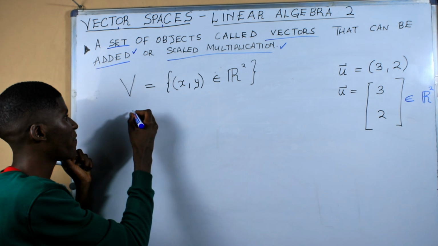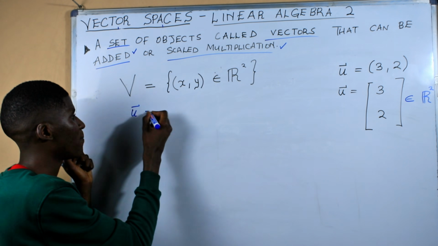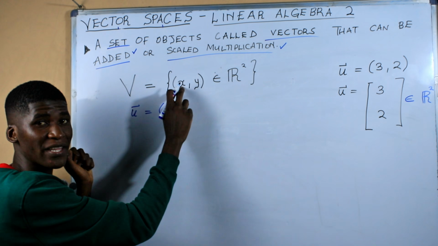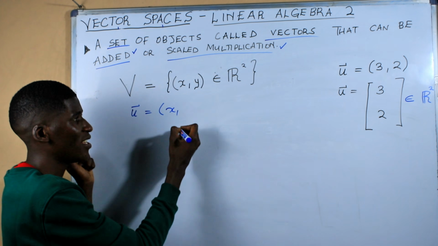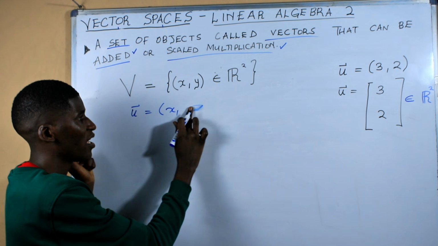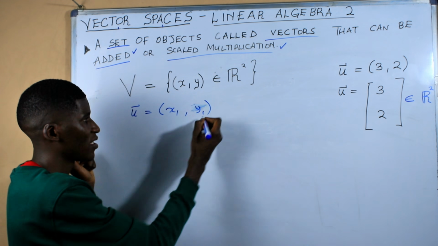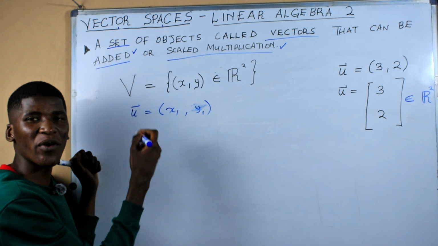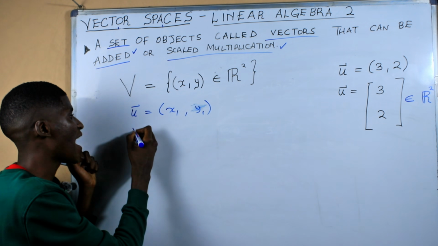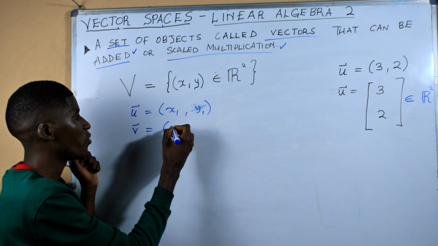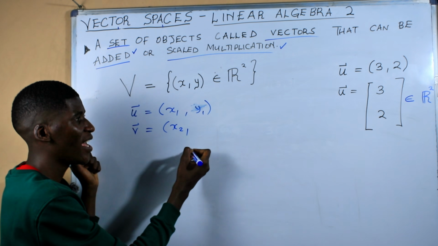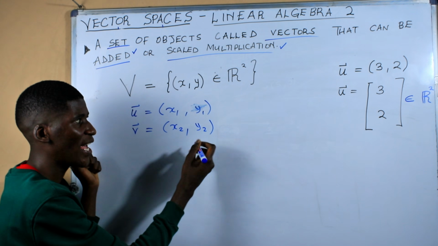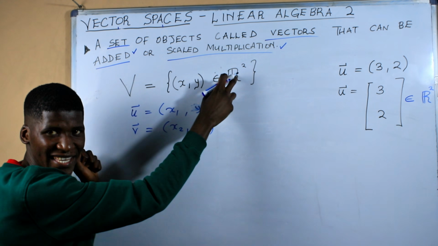I can pick a vector u with a first x component x1 and a second component y1. This is a vector coming from this vector space. I can also pick another by my choice, a vector v, with an x component x2 and a y component y2. These are going to be replaced by real numbers, by the way.